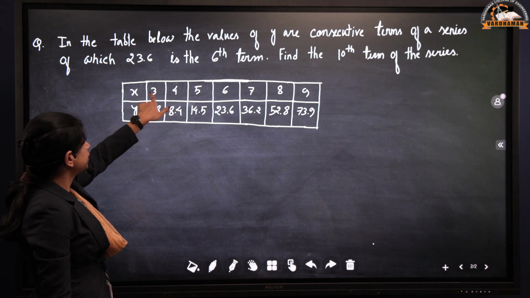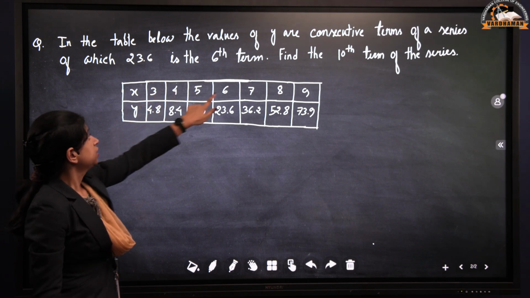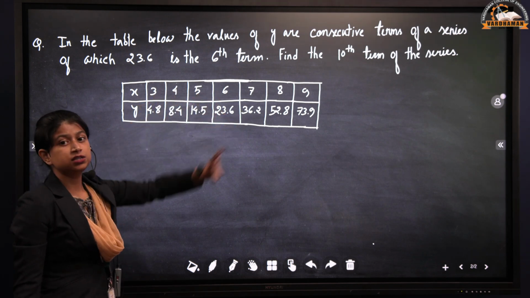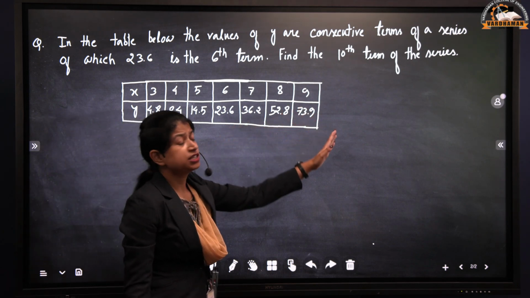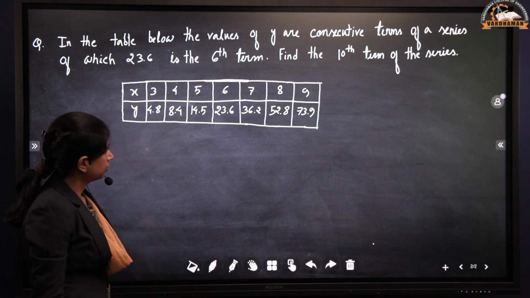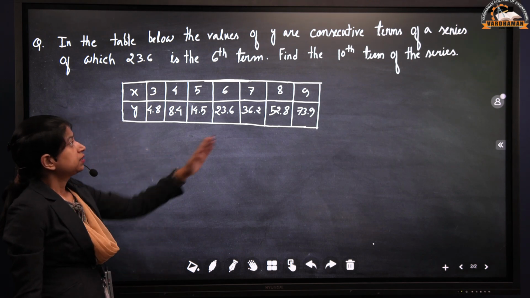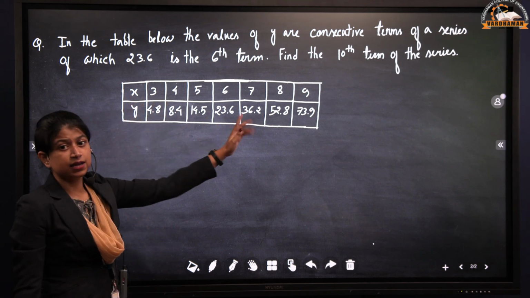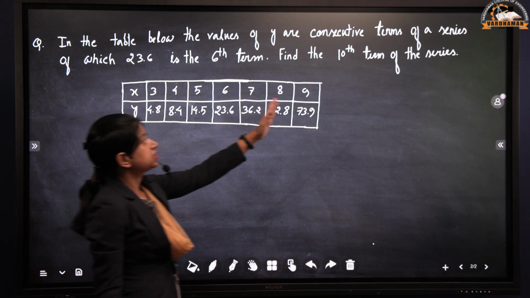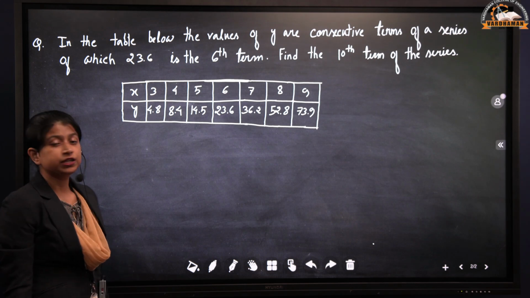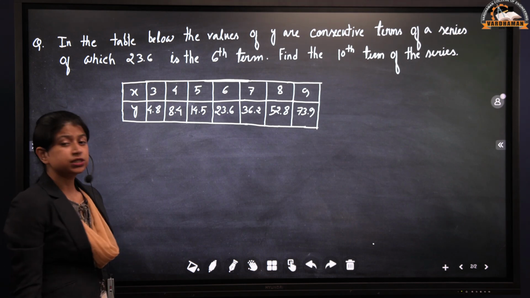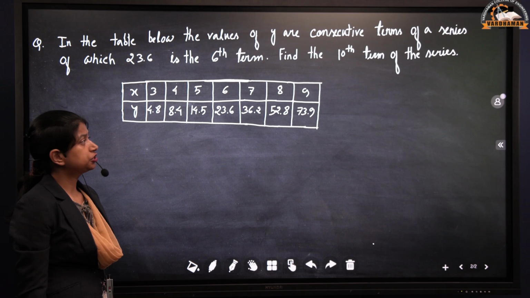Because 4 minus 3 is 1, 5 minus 4 is 1, 6 minus 5 is 1 and so on. Now next, what you need to find? You need to find the 10th term of this series. As you can see, the 10th term doesn't lie in this range. It is just right of the end of the table. So you can definitely use Newton's backward interpolation formula.